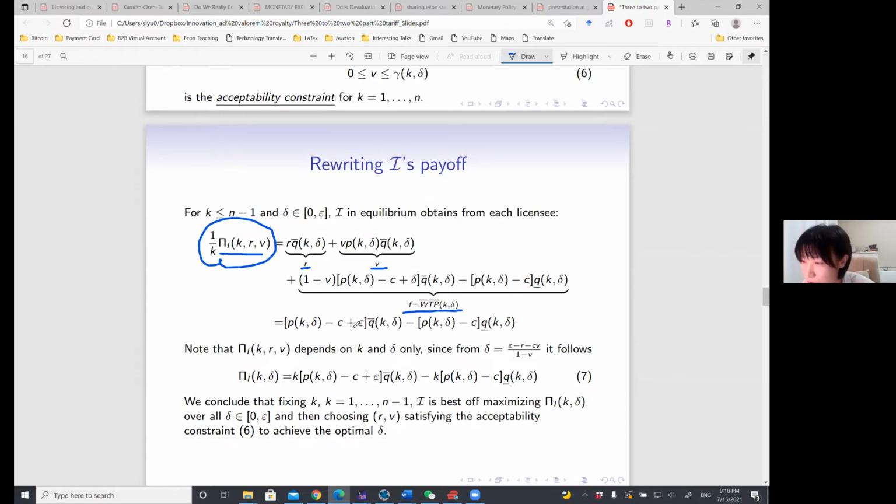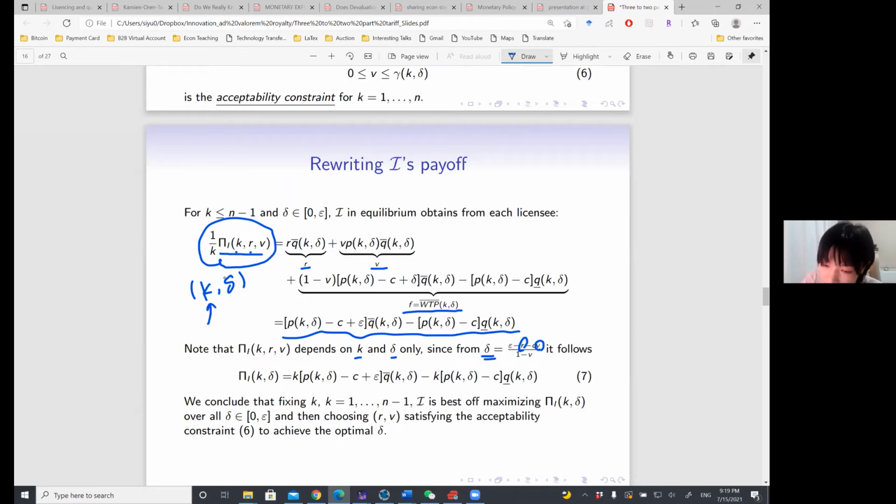And after rearranging the terms, we find it is only a function of K and delta, which means the impact of R and V is completely through delta, not separately. So the innovator's problem is reduced to choosing, instead of K, R, V, to choose K and delta. Okay, so the innovator thinks to himself, what is the number of licensees?